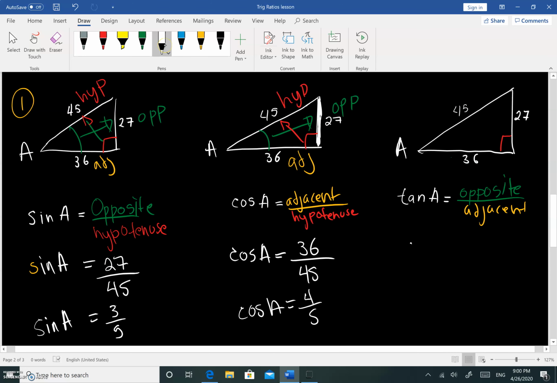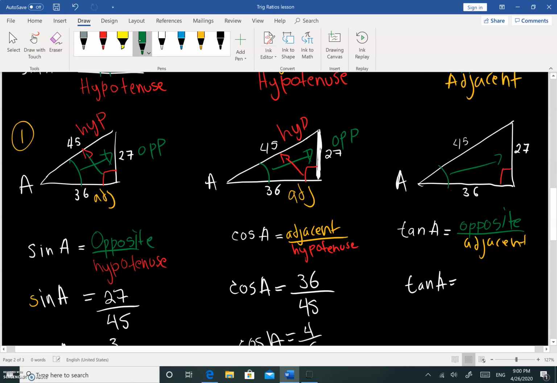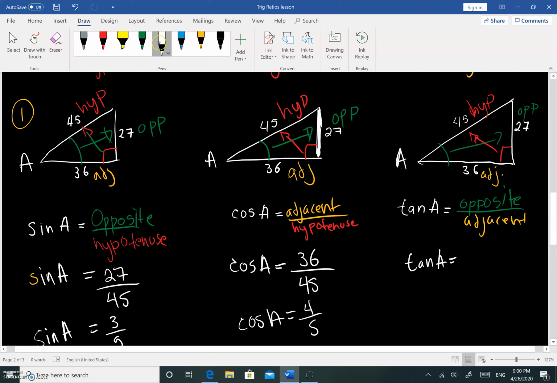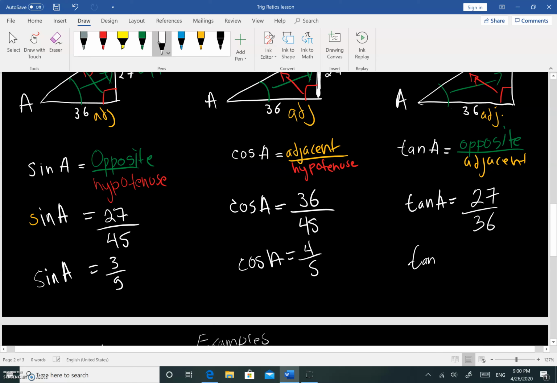Tan of A is equal to, well, this is going to be my angle A, so this is going to be my opposite, and we've done this twice already, so this is going to be my hypotenuse, and the last one is going to be my adjacent here on the bottom. So the ratio is 27 over 36. They're both divisible by 9. So that's going to be 3 over 4.